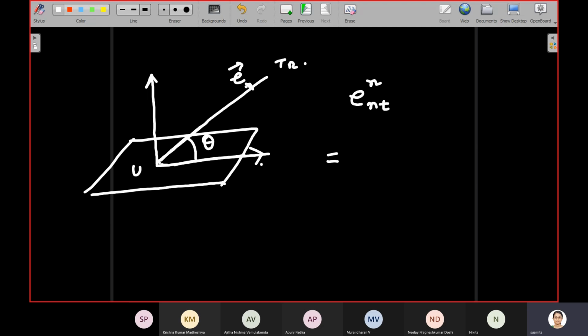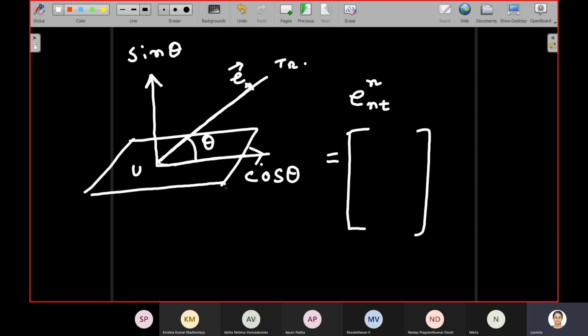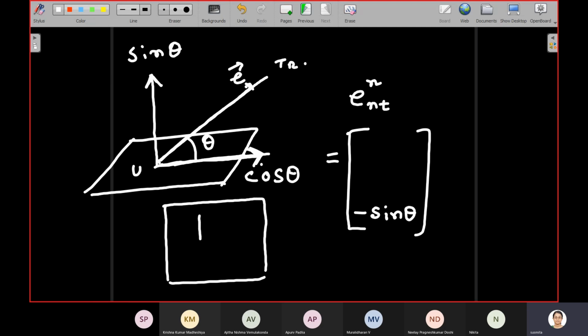So if we resolve this vector into two components, along the normal direction we have basically sine theta, and on the horizontal plane we have cos theta. Now since we need to resolve this along the north east down frame, it will be minus sine theta along the down axis. And then we need to find the north and east components. So for that we need to consider the horizontal component cos theta and then further resolve it along the north and east axis.